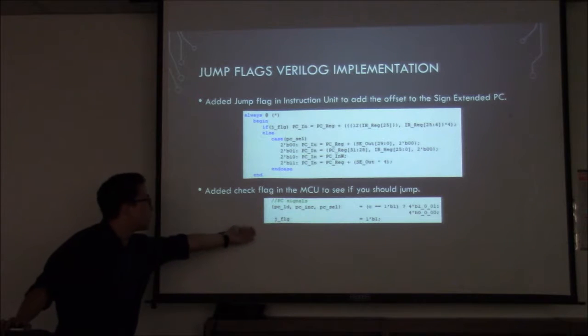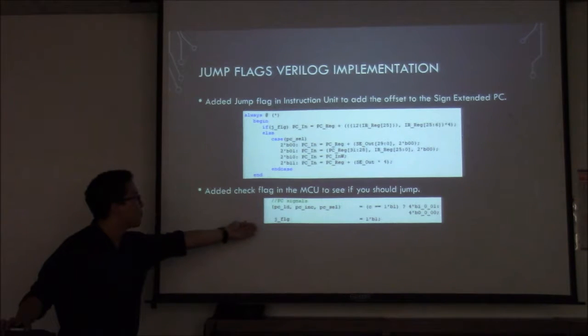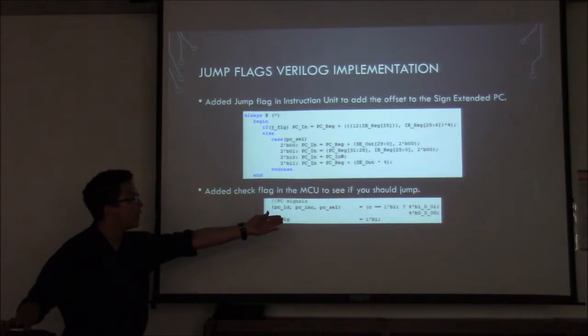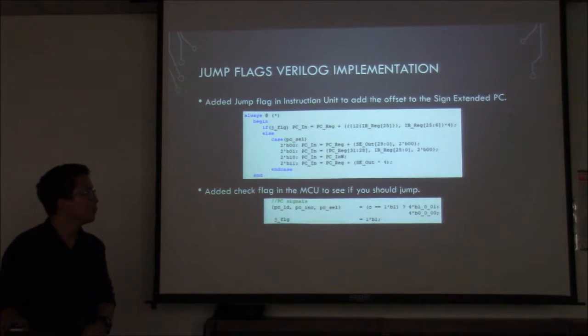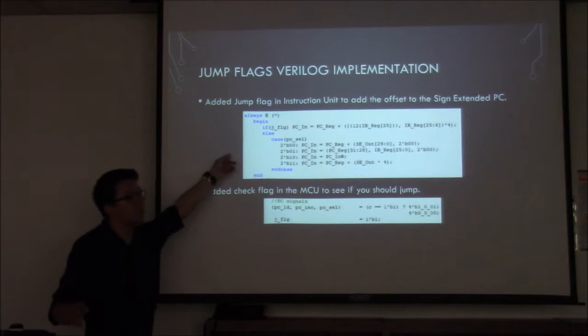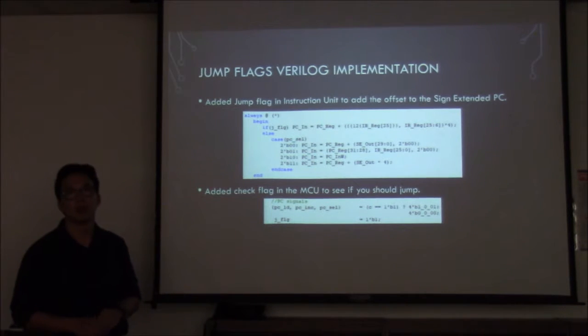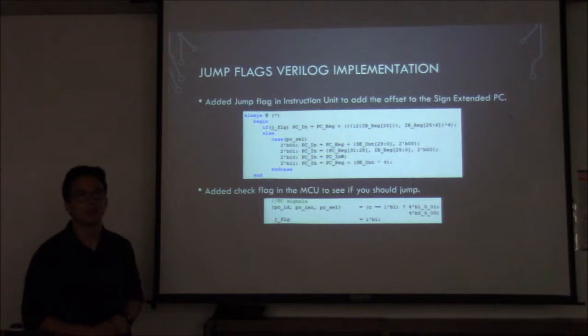So see, I set the jump flag to be true. And then in the PC signals, I say if C is 1, then I add the proper control signals. If it isn't, then I don't do it. So that's in the instruction unit, that top. You added that always block in the instruction unit? Yes.